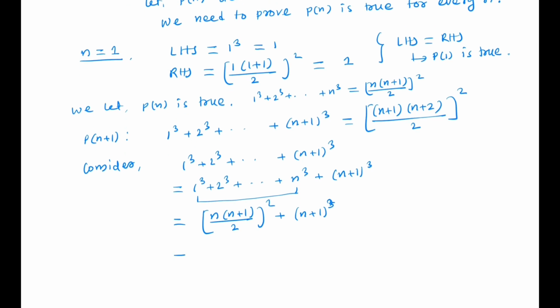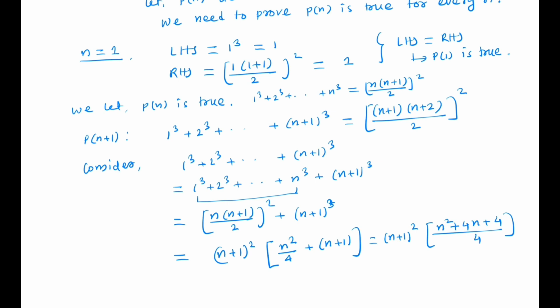Okay, so here we can take common (n plus 1) whole square. So then we have in the first term n square by 4 plus here it is n plus 1. So if we simplify this, we have (n plus 1) whole square into (n square plus 4n plus 4) by 4.